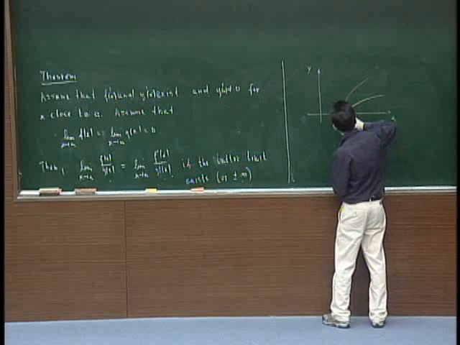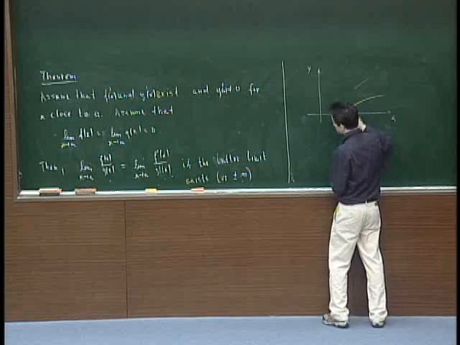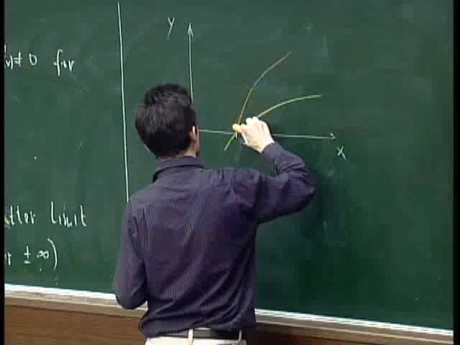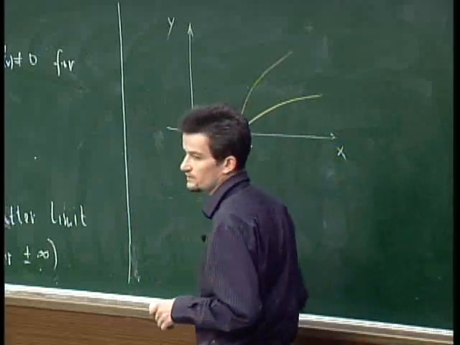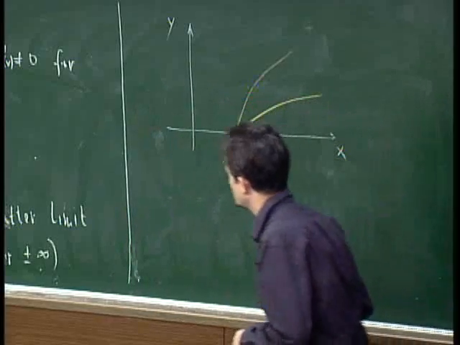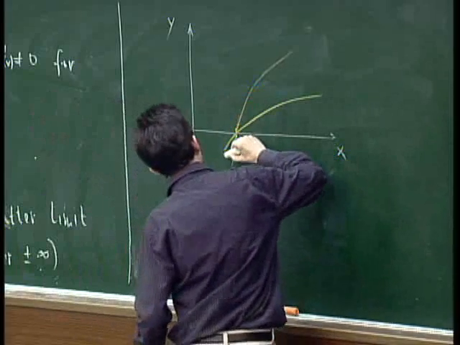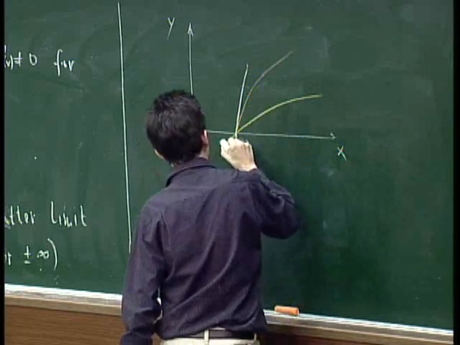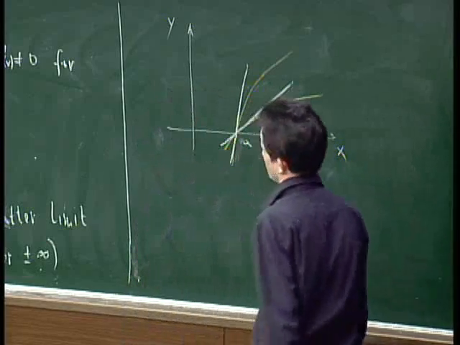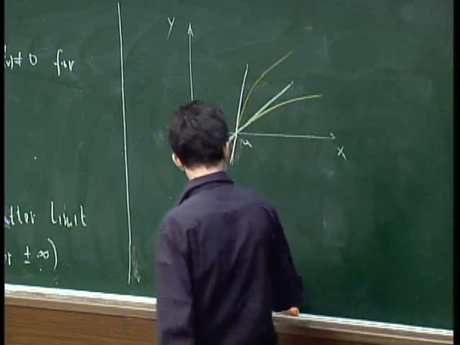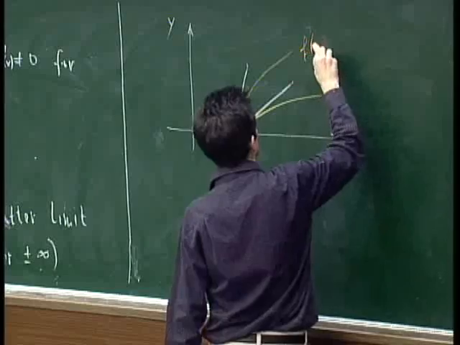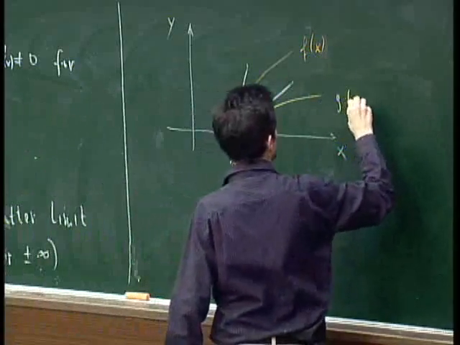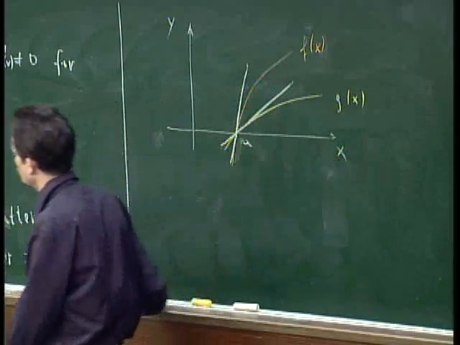Now, this is not really a function that I plot here. You see that you have here two tangents, this tangent and this tangent. We assume that this is f of x and this is g of x.